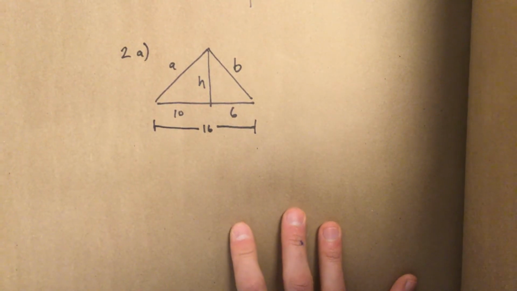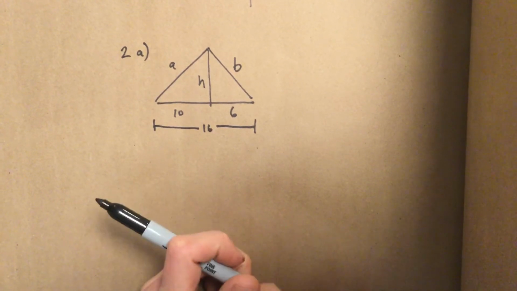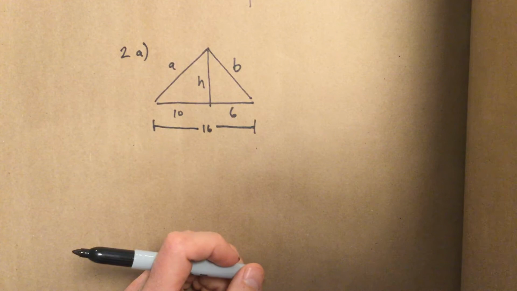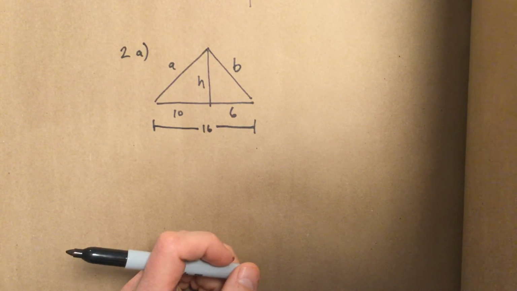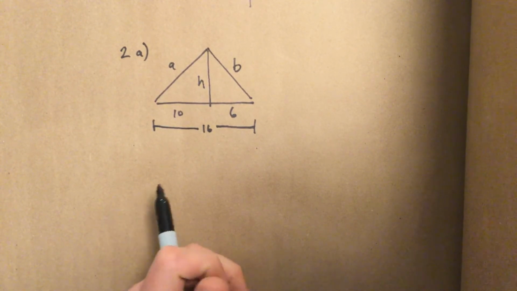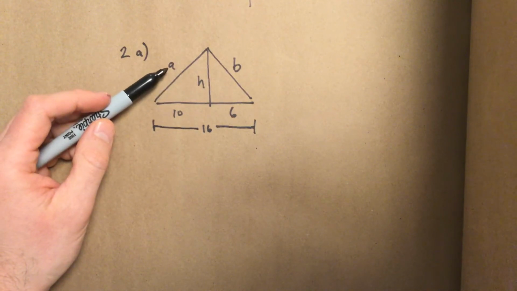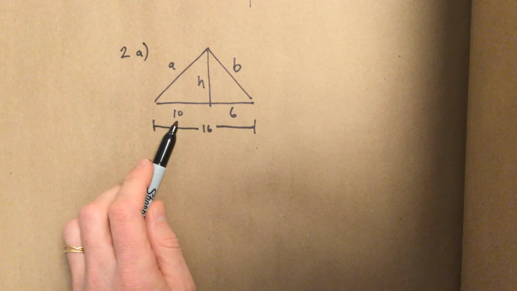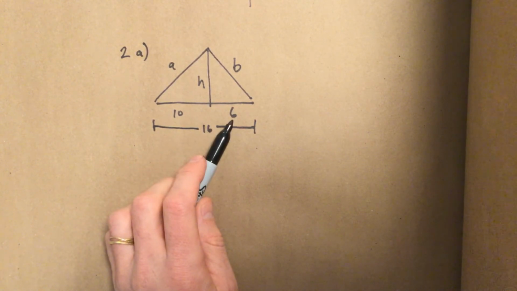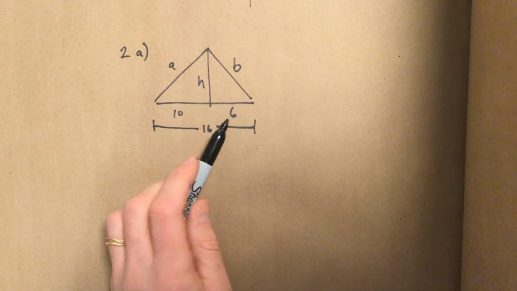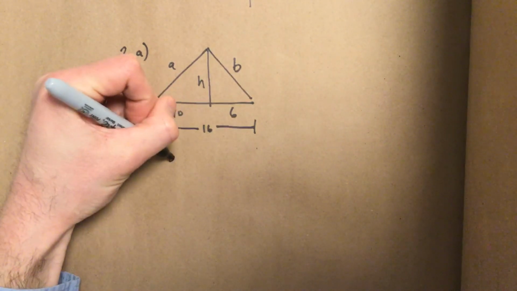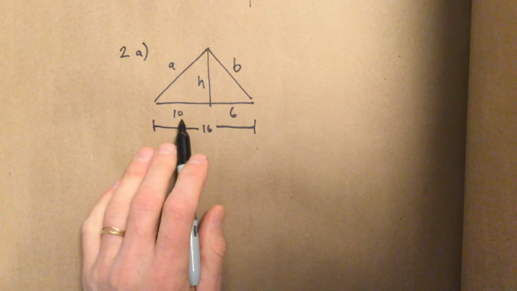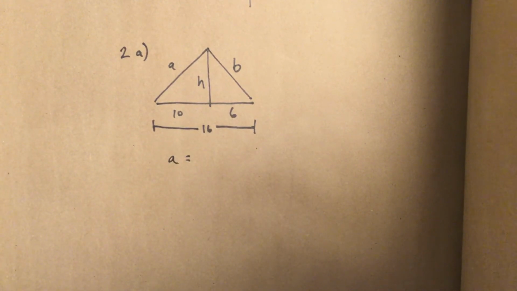Well, let's see here. We know that, in this case, A is equal to this leg here. A is equal to the square root of 10 times 6. So, 10 times 10 plus 6. Excuse me.